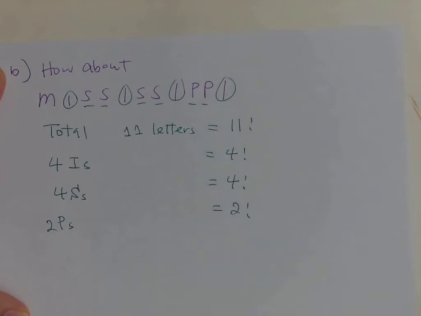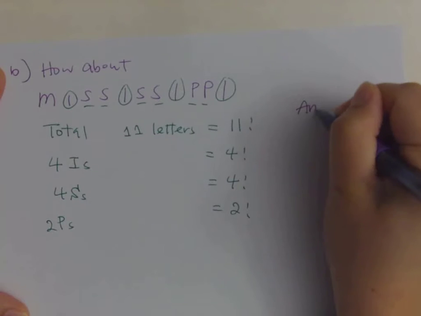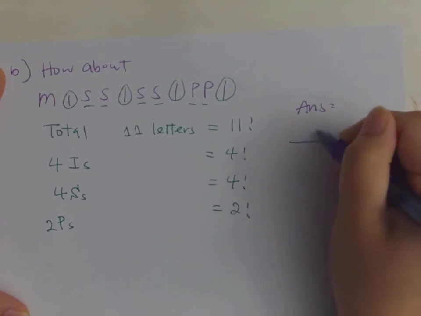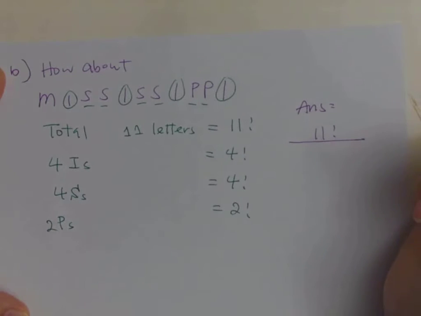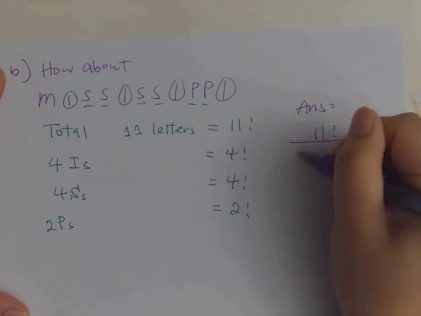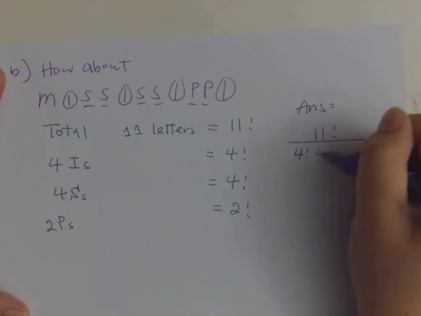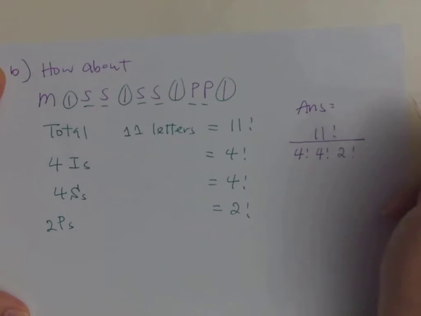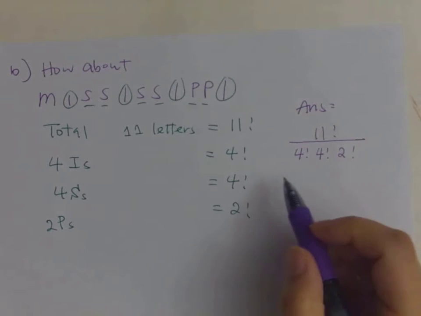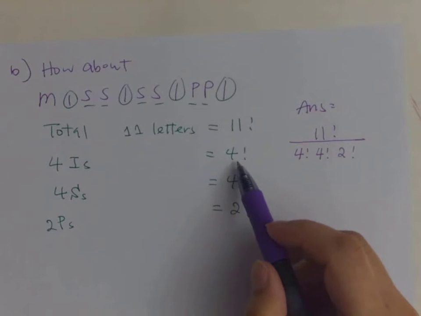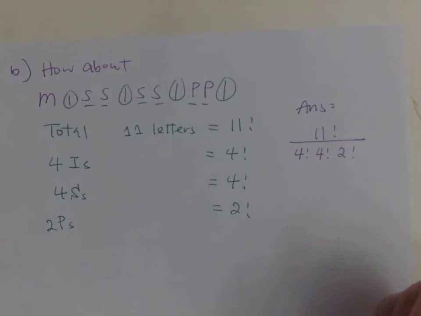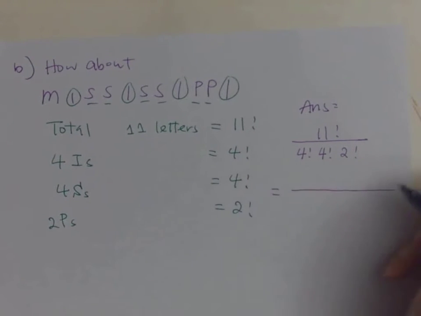So the way to calculate this is you have 11 factorial to choose from, but then some of them are repeating, so you have to divide by 4 factorial, 4 factorial, and 2 factorial. They're not distinct letters, so when they're repeating, even though you move them around, it's still kind of the same. So the highest I can reduce is 4 factorial, right?